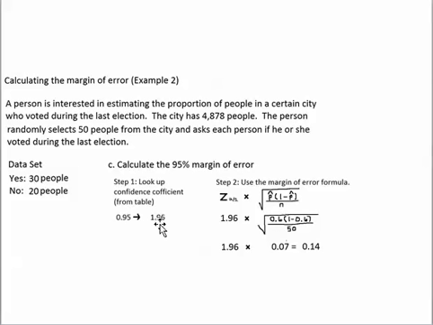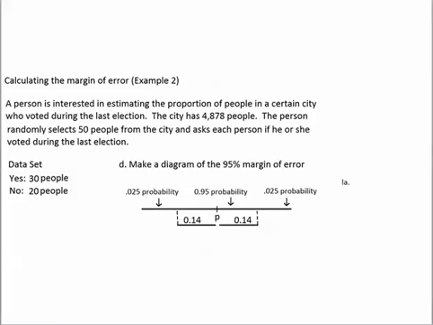This is coming right from the table. Next, we multiply 1.96 by our standard error. This whole thing comes out to 0.07. The standard error is 0.07. 1.96 times 0.07 is 0.14. So our 95% margin of error is 0.14. That's the answer. Now let's create a diagram to look at what that actually means.